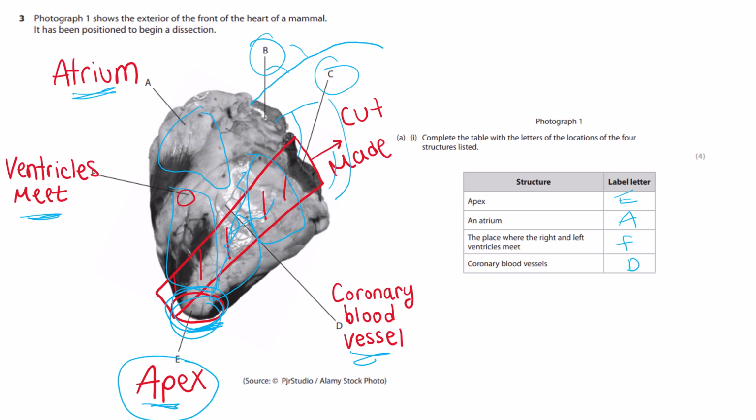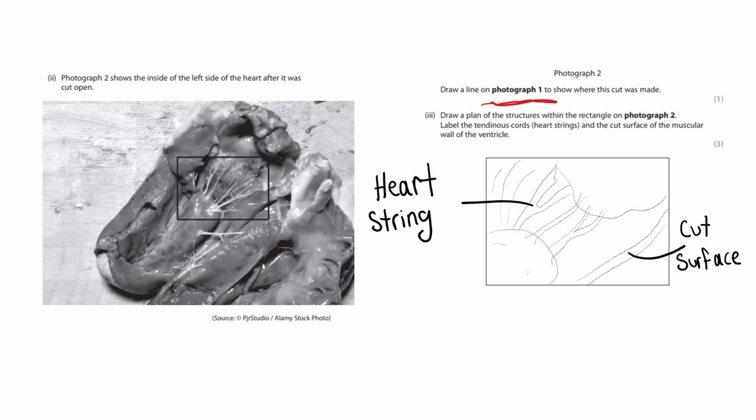Okay, the photograph shows the inside of the left side of the heart. It was cut open. Draw a line on photograph 1 to show where the cut was made. So when we had the picture of the heart on the previous slide, basically it looked like that. The cut is going to be made over here because our ventricles meet over here.